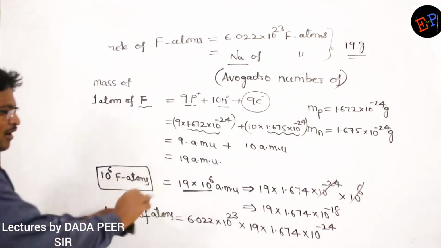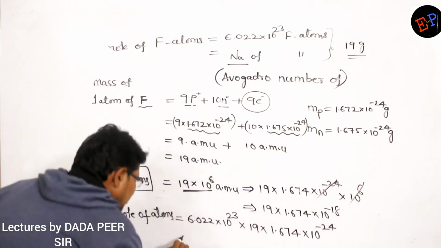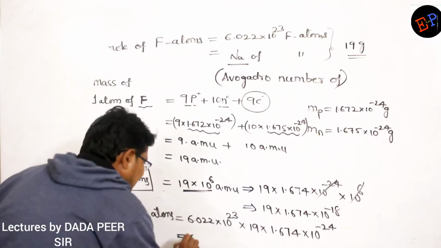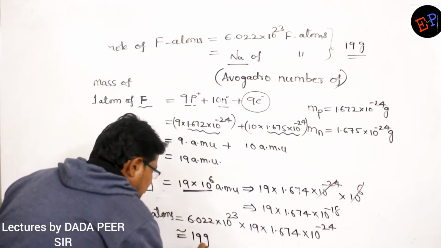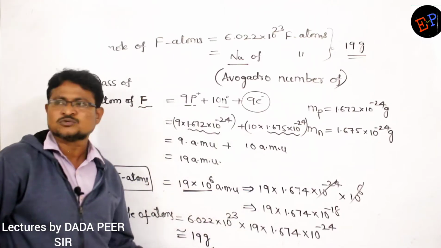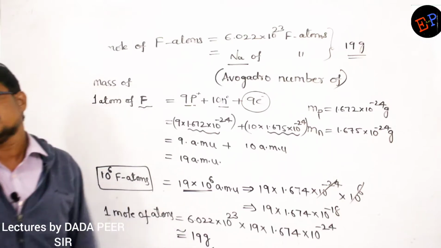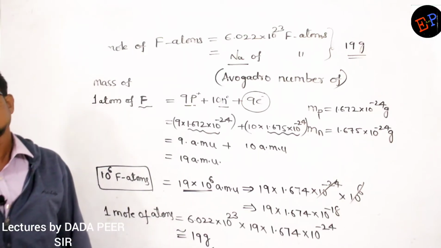If you solve all these things, you are going to get approximately 19 grams. If you solve this, how many grams do you get? 19 grams of fluorine.